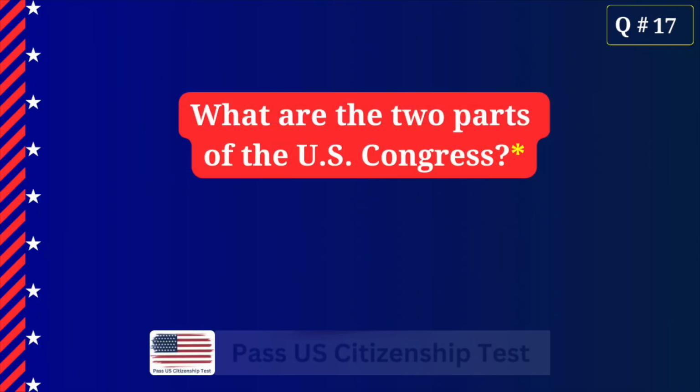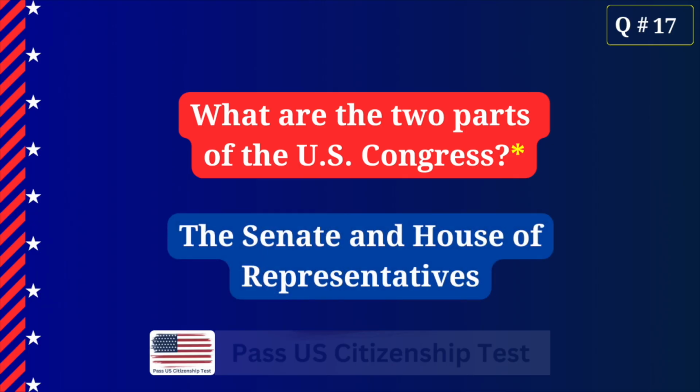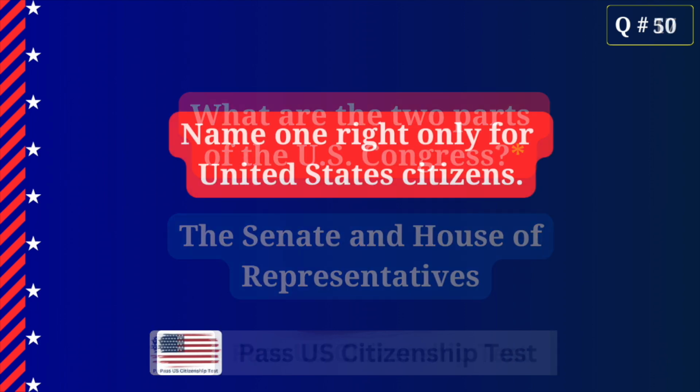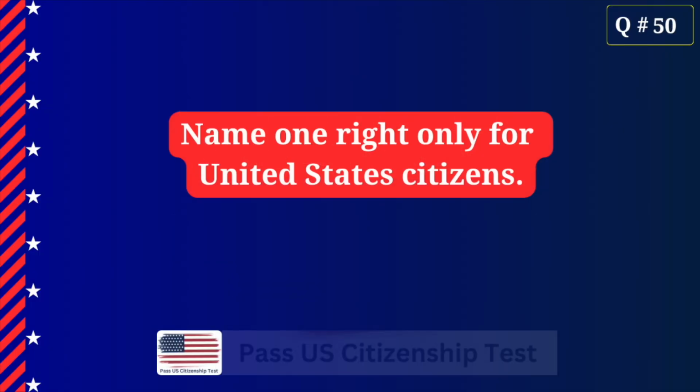What are the two parts of the U.S. Congress? The Senate and House of Representatives. Name one right, only for United States citizens.